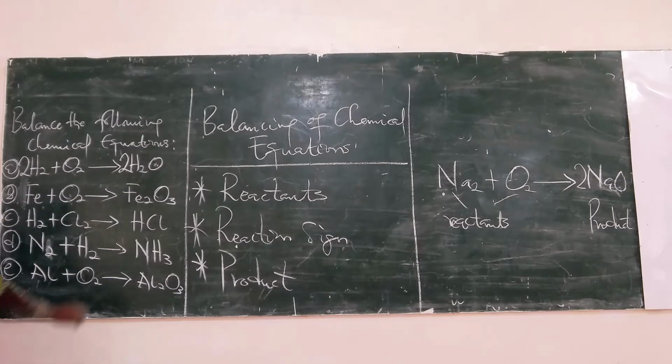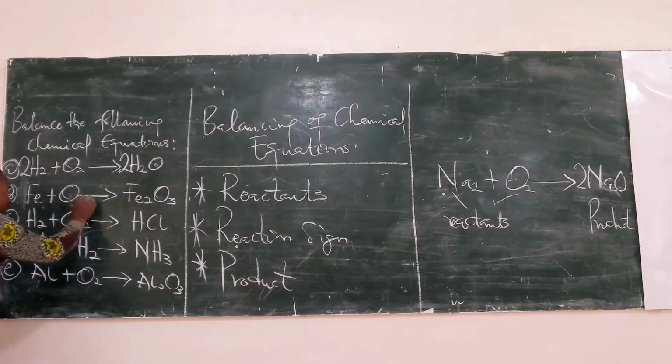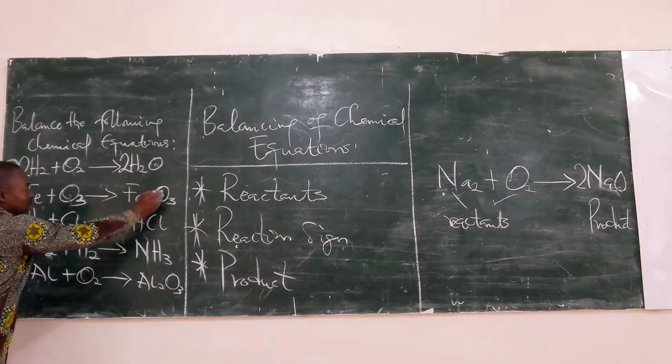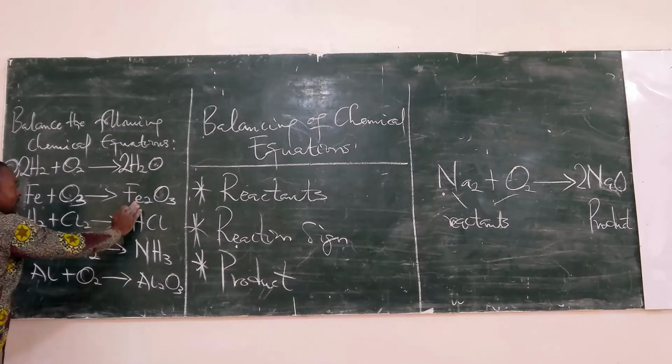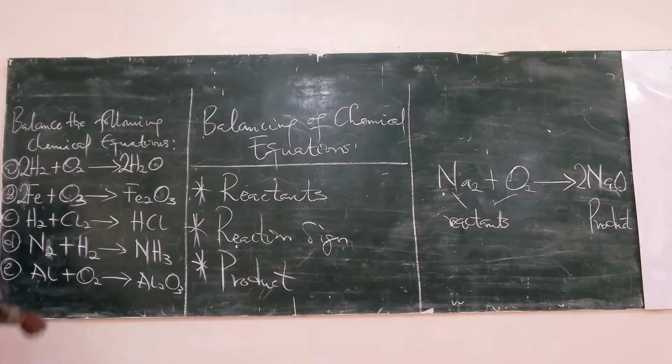Do you get it? So here I'll add 1 oxide atom by making it what? 3. So here will be 3. If you come here, how many oxide atoms do we have here? How many iron? So we have to add 2 here. Did you place 2 in front of the iron? So this makes the equation what? Balanced. We have 2 iron, 2 iron, 3 oxide, 3 oxide.